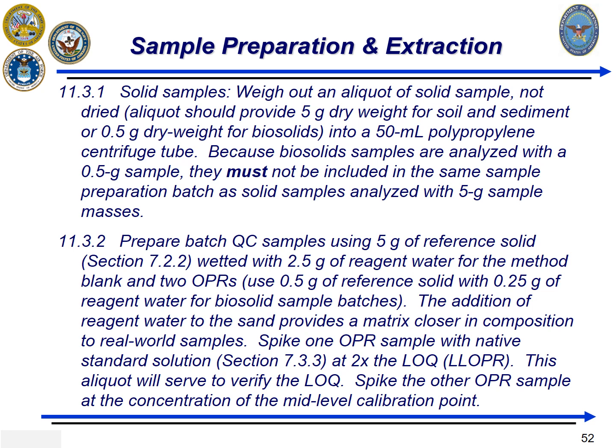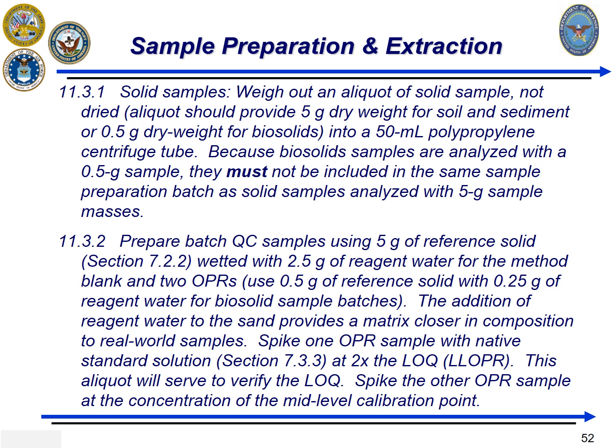They cannot be included in soil and sediment batches, because you're required by the method to utilize the same amount of reference solid material for your QC samples as you utilize for your samples that are included in your batch.